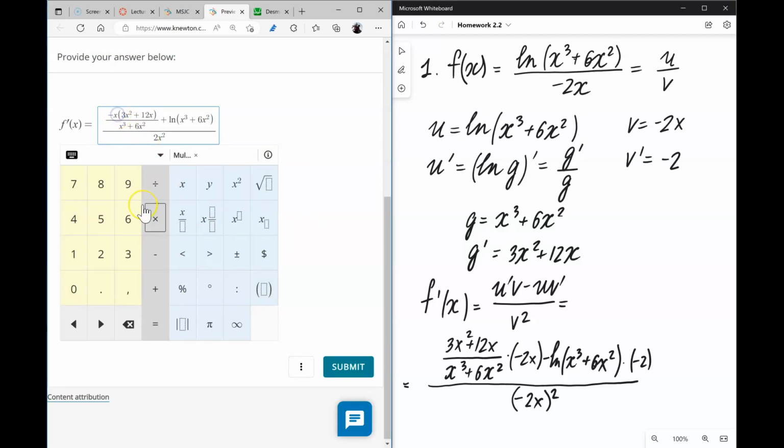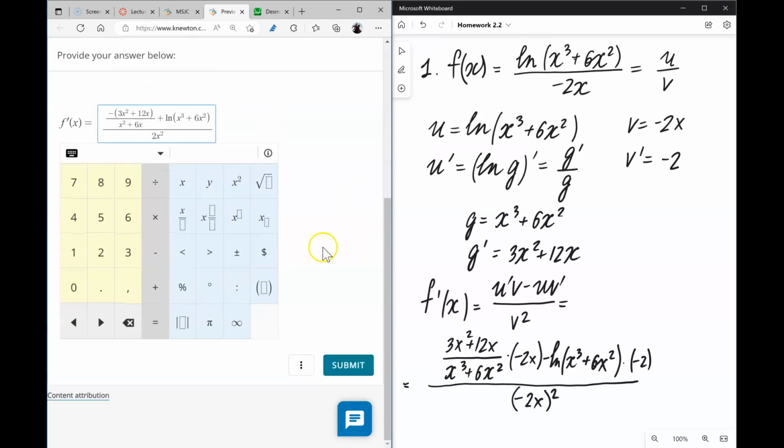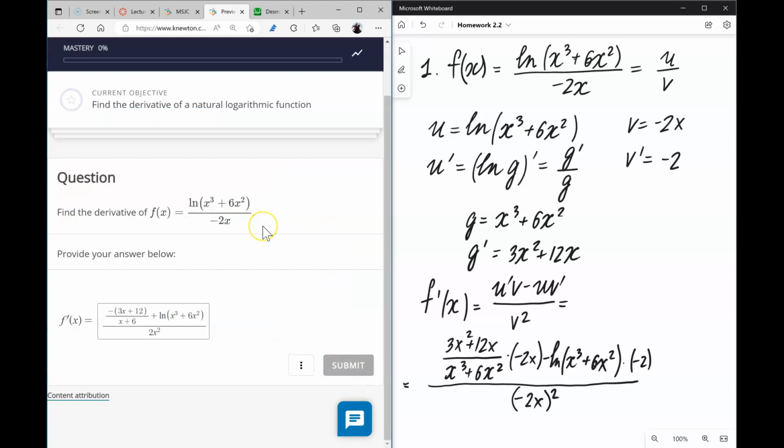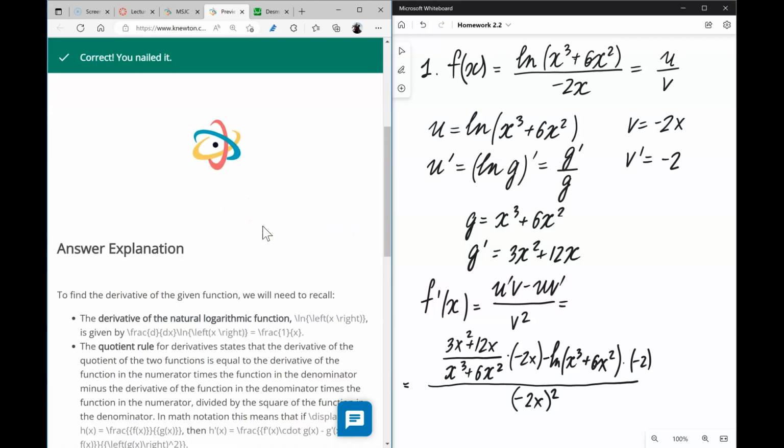Oh, this negative x can be reduced, remember, with this. And what I'm doing here probably is unnecessary. Oh, and now this x can be reduced. Huh. Well, hopefully I didn't make any mistakes reducing things. Let's see. Got it.